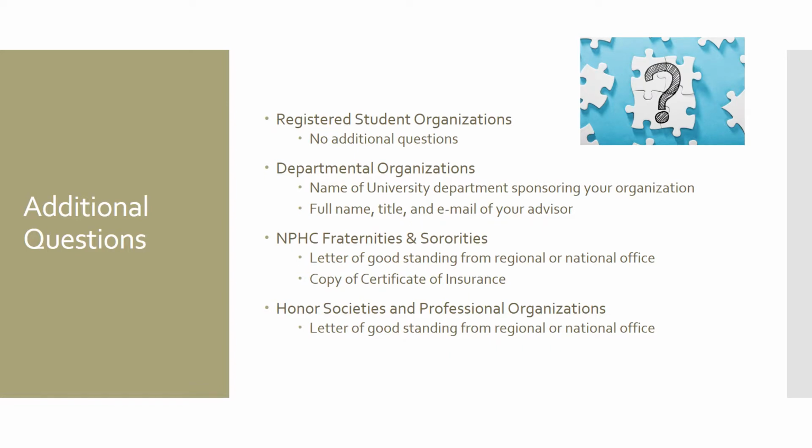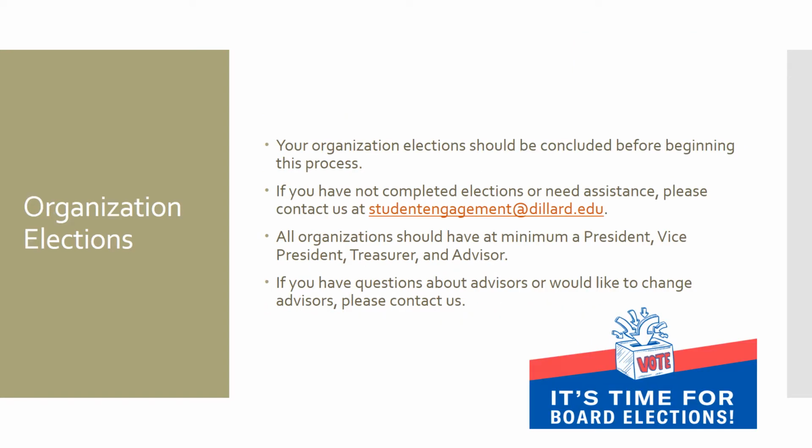You may also be prompted to provide a letter of good standing and a certificate of insurance, all for Greeks or professional societies. Organization elections should be held prior to your registration renewal process. If you have any questions, please feel free to reach out to student engagement at dillard.edu.